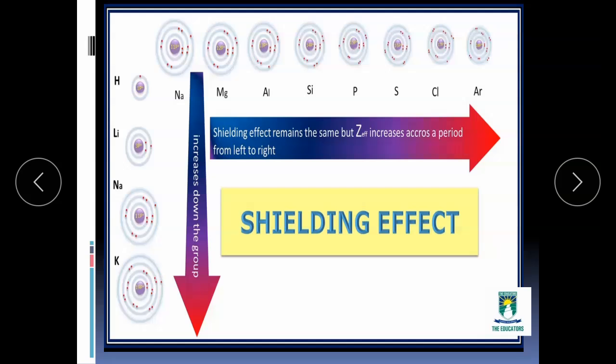But when we move from top to bottom in a group, the shielding effect will increase. Why? Due to the increase in the number of shells, or due to the increase in the number of inner electrons. Students, keep in mind that the shielding effect remains the same across a period from left to right.